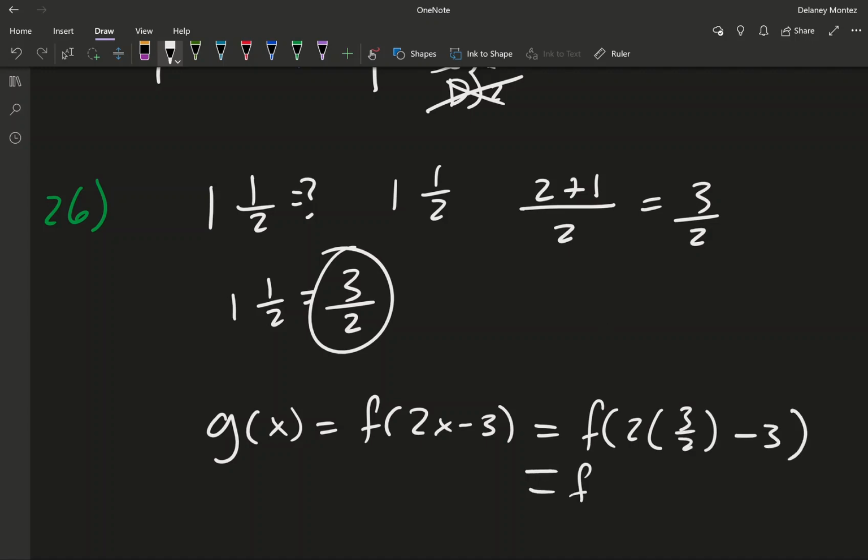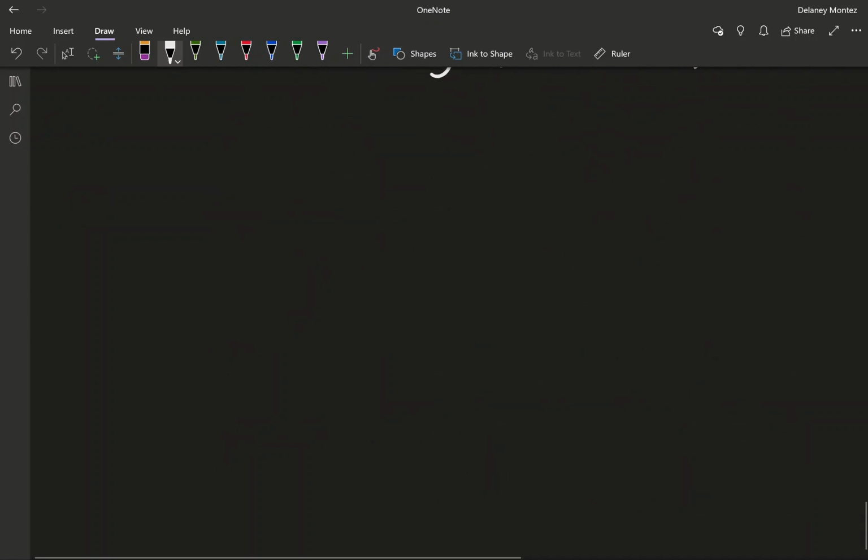Well, that gives me f of 3 minus 3, right? Or g of 3 over 2, which equals 0. That's perfect because that's saying we moved over 1 1/2 places, or 3 over 2, and we end up getting the same value. So the answer should be C.